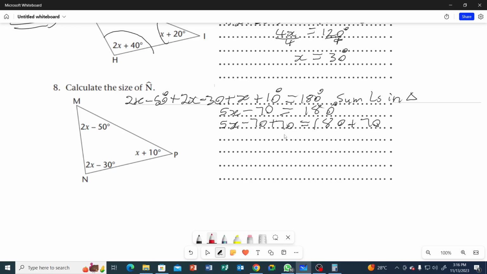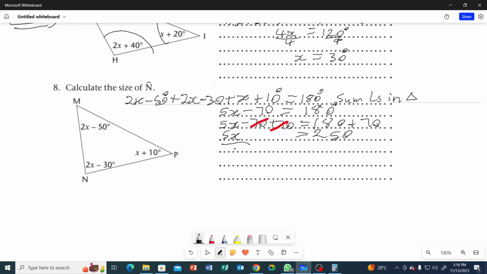So what I will be having right now is 5x. Now when I add 180 and 70, they'll give me 250. That means our 5x will be equal to 250.